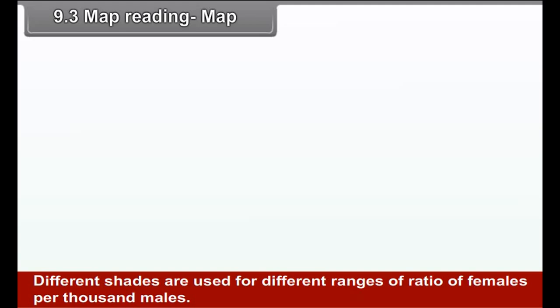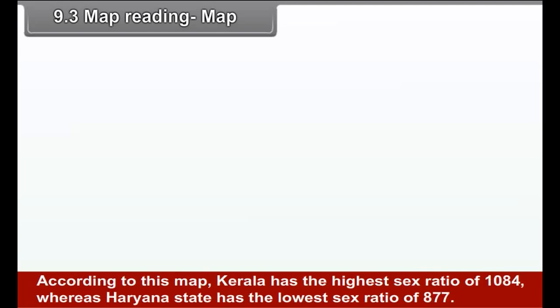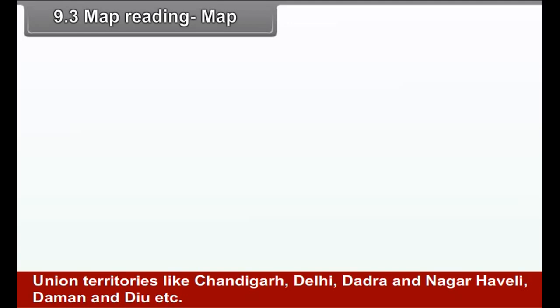It is a map of India that has a very specific theme, that is, sex ratio of each state of India in the year 2011. Different shades are used for different ranges of ratio of females per 1,000 males. Besides shades of color, actual sex ratio of each state is also given.